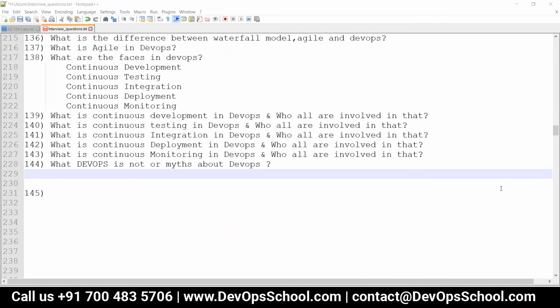DevOps is not a methodology. DevOps is not a specific piece of software. DevOps is not a quick fix for an organization's challenges. DevOps is not just a team. All this stuff we discussed. Correct? Now, what is agile planning in DevOps?